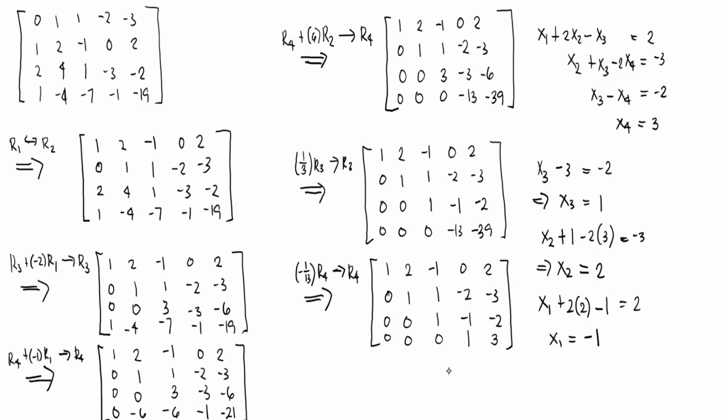Thus, the solution to the system: x sub 1 is -1, x sub 2 is equal to 2, x sub 3 is equal to 1, and x sub 4 is equal to 3. Okay, so we got the solution by Gaussian elimination with back substitution.